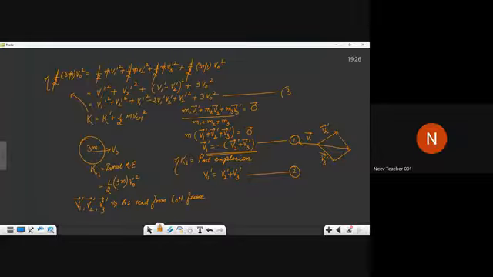Taking equation 3 as a quadratic equation in V2 prime, and for it to be real, the discriminant should be greater than or equal to 0.